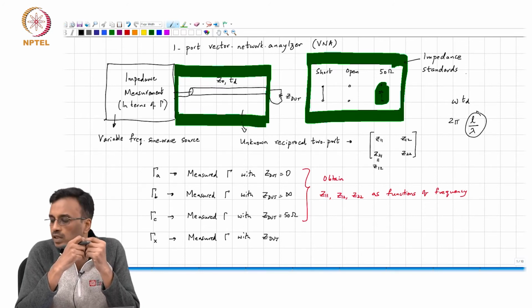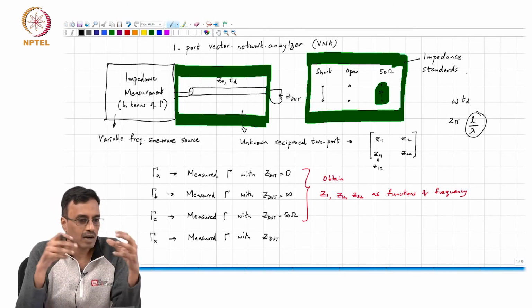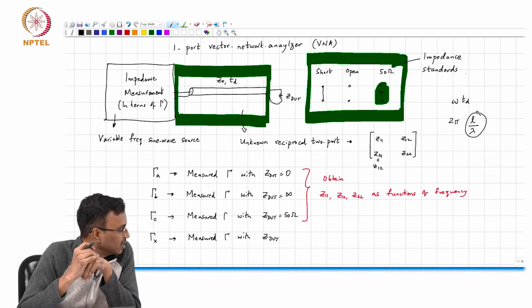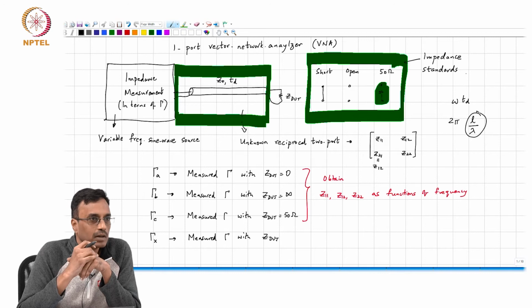So, for example, if you are working on a single chip where your chip dimensions are half a millimeter by half a millimeter, and you are working at 3 gigahertz, can you comment on whether the circuit can be treated as lumped?